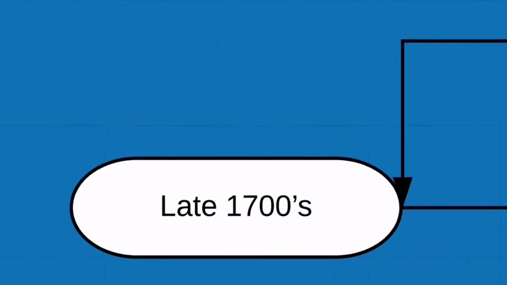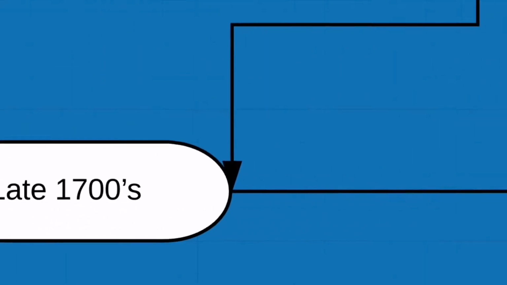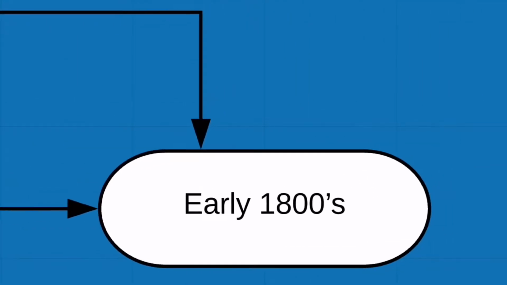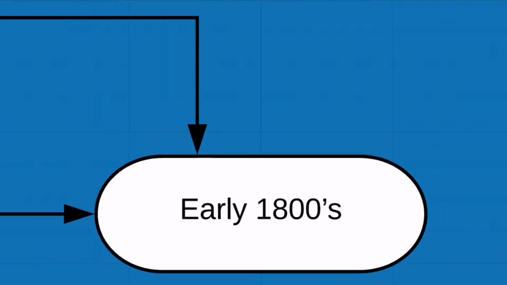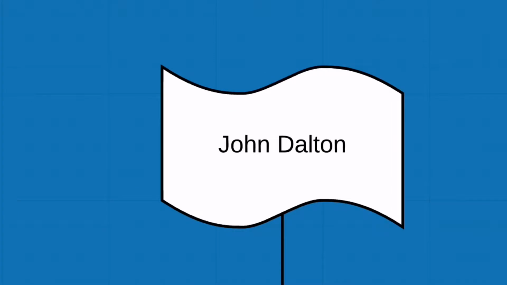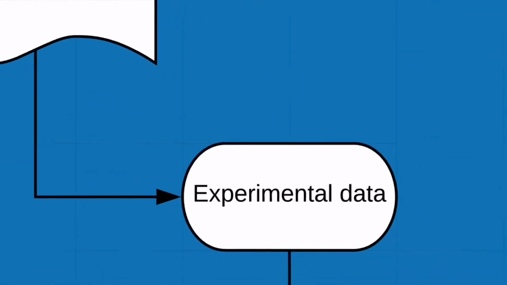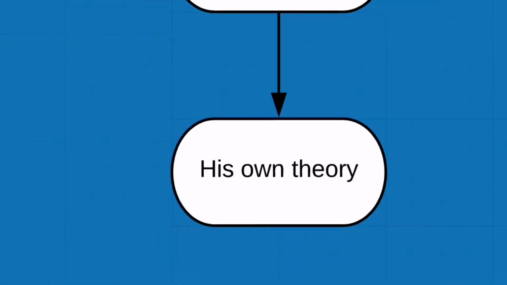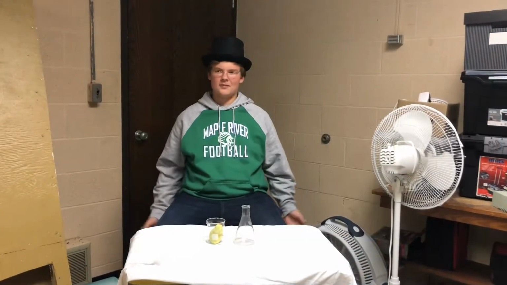Democritus's atom idea didn't really catch on until the late 1700s to early 1800s, when an English chemist named John Dalton backed his findings with real experimental data. I hope my experiment works.